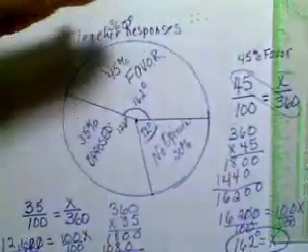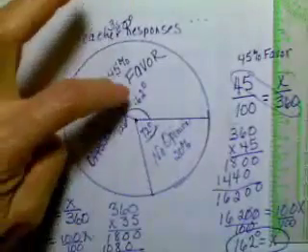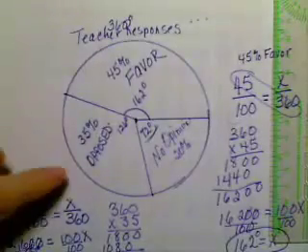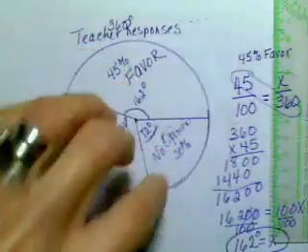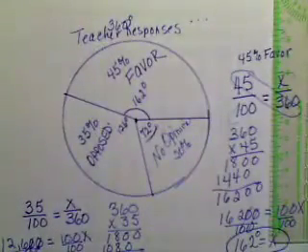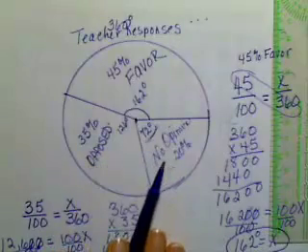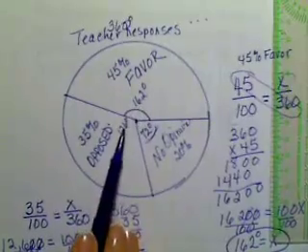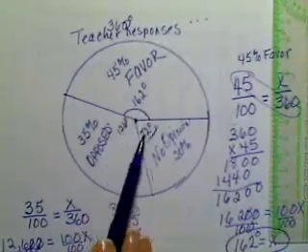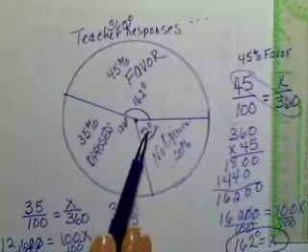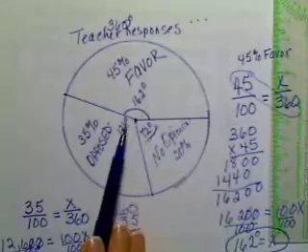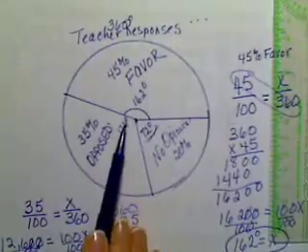So a title as well as the percent, as well as each sector labeled as not only the percent but what the percent represents. Typically you do not see these angles. I wrote those angles in just to help you see what I was measuring, but these are not a part of the graph.